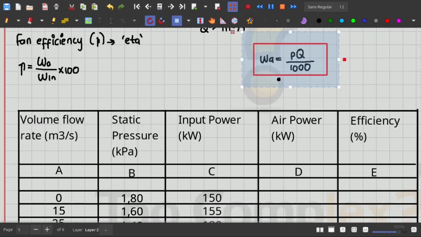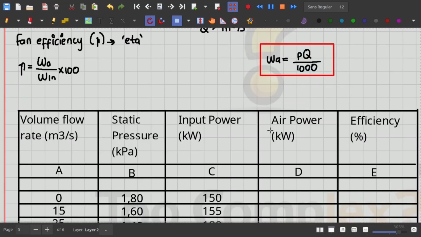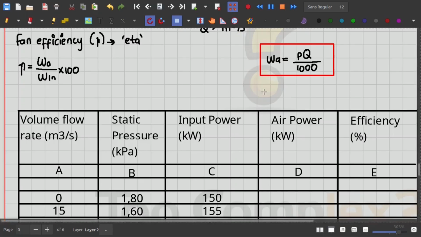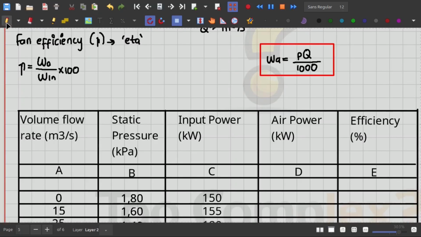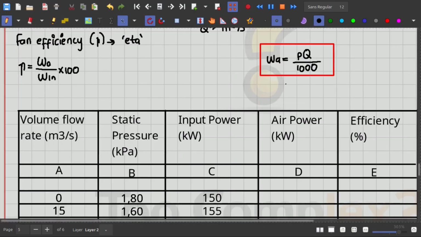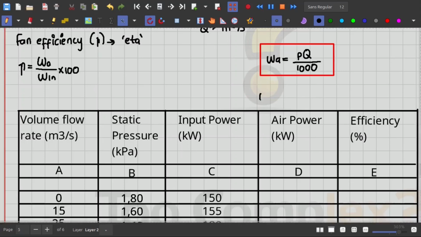Let's write our equations that we're going to be using. For the air power, we've already established that our WA is equal to PQ over 1,000. But please note that in this case, the pressure was in pascals, while the question gave us the pressure in kilopascals.